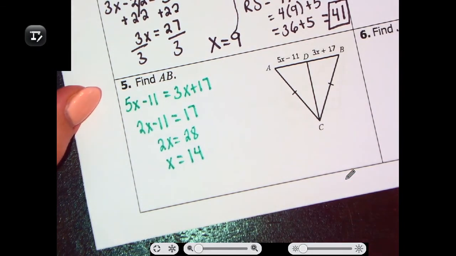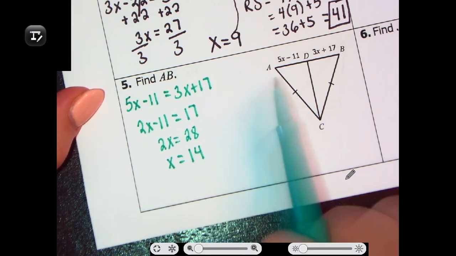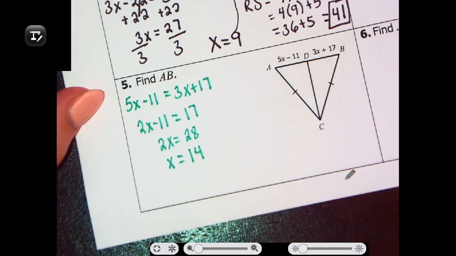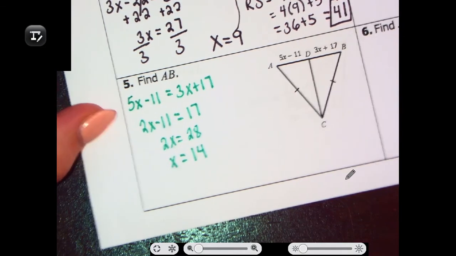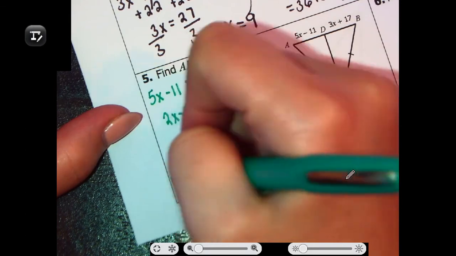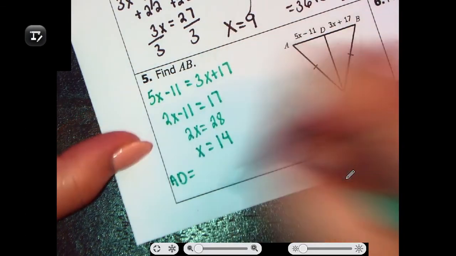Now that I know that x is 14, I do need to go and plug 14 into both of these expressions here. So that's going to give me for AD, let's start with AD, which is 5x minus 11.